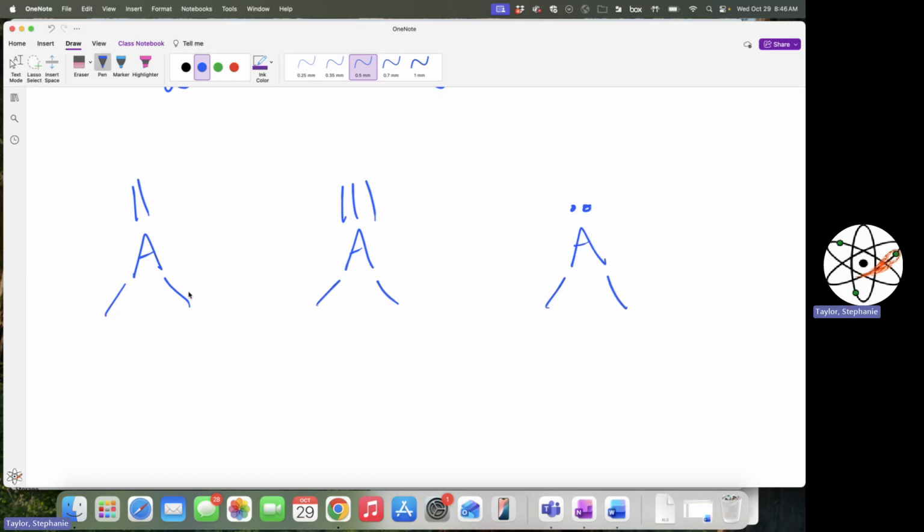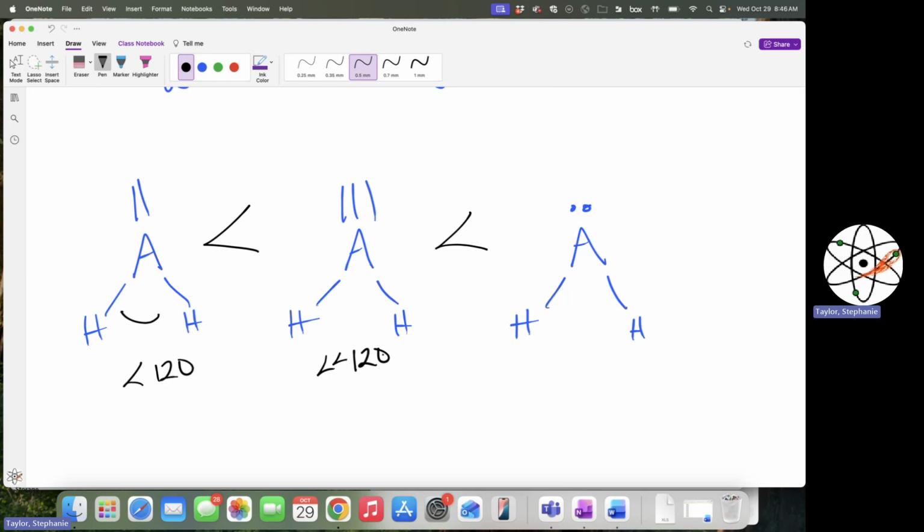In general, if these were actually the same, which they are not, these are not real molecules, the double bond is going to have the least deviation, and the lone pair will have the greatest deviation. So you would expect this one to be less than 120 degrees, this one smaller than that, and this one the smallest.